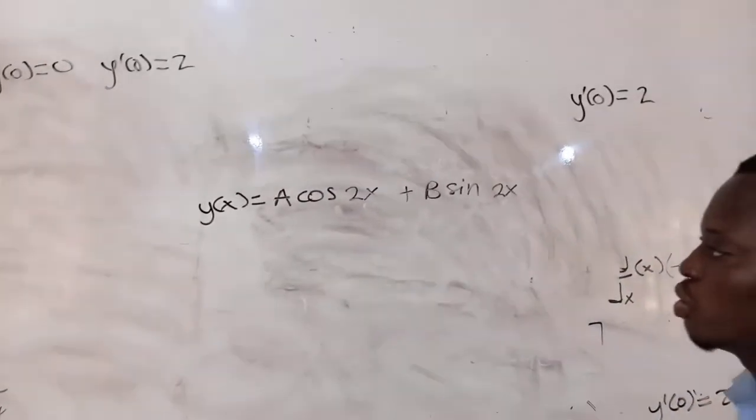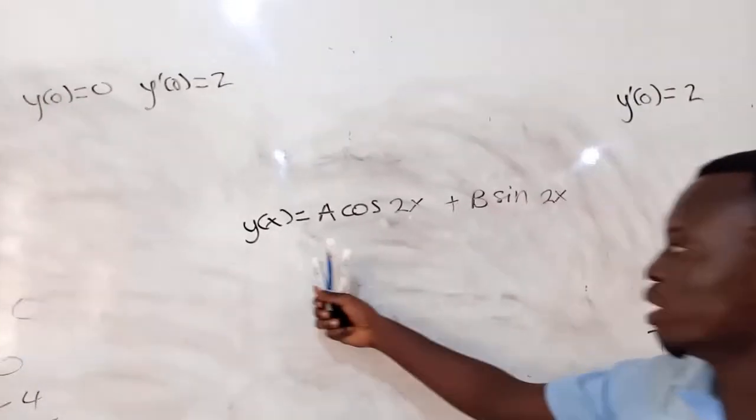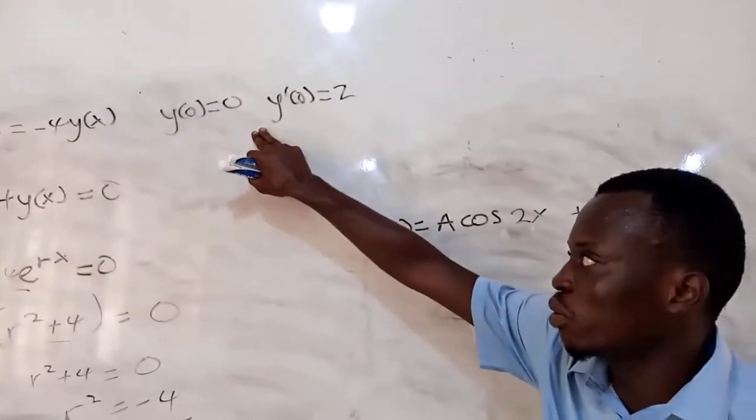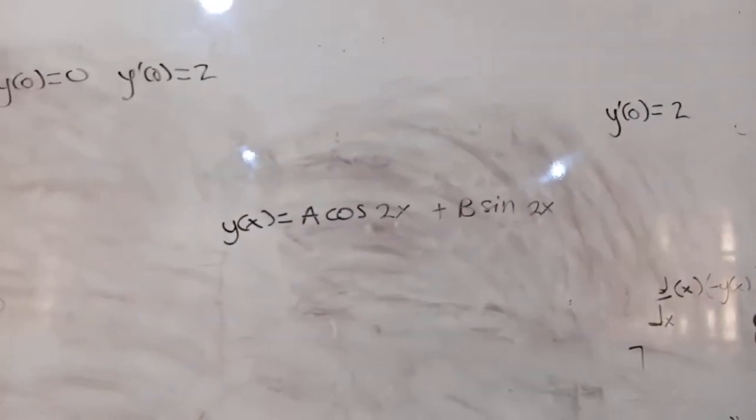So this is our general solution. Then you have to compute the particular solution, where together with the initial conditions, you can compute that particular solution.